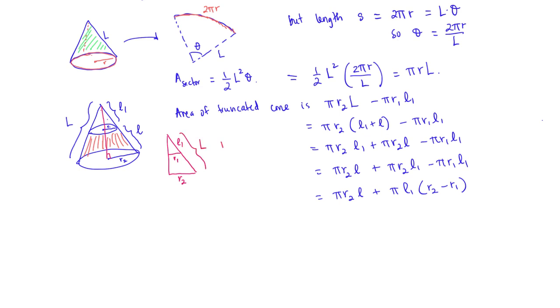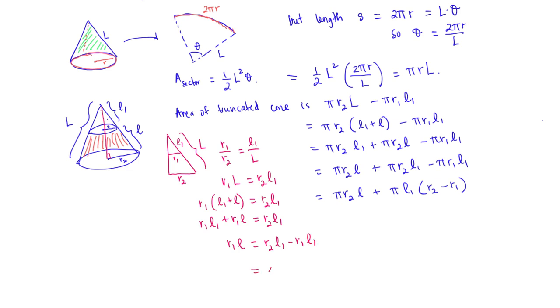Labeling these two triangles with the corresponding lengths, along with the fact that they are similar, we obtain r1 over r2 equals L1 over capital L. r1 times capital L equals r2 times L1, but capital L is L1 plus little l, and so r1L1 plus r1 l equals r2L1. Isolate r1 l to obtain r2L1 minus r1L1, and we factor out L1. L1 times r2 minus r1 equals r1 l.